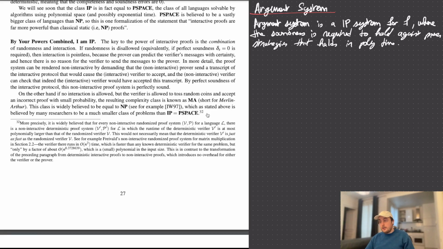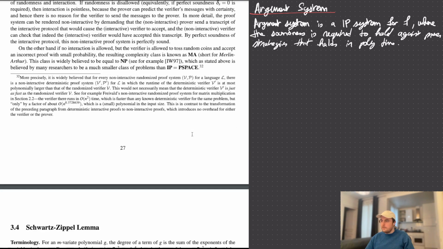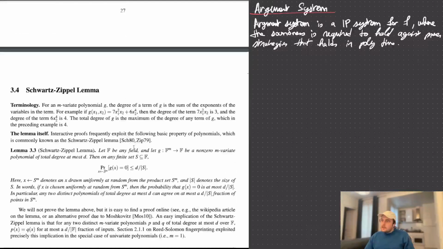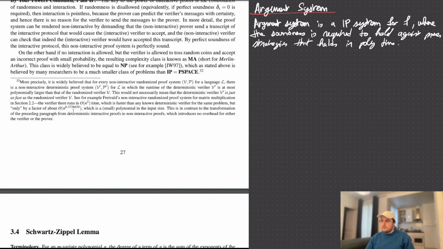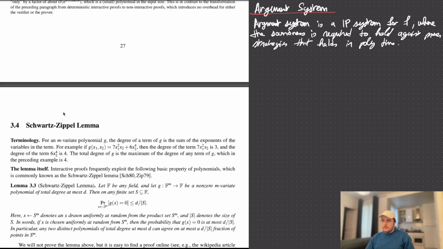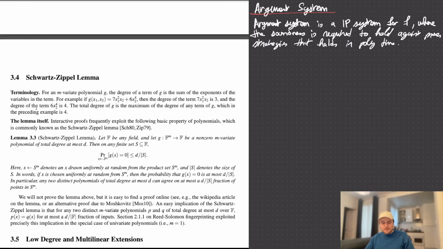It's crazy that people are working on this. It's very cool in a sense, but it's very, very abstract and a lot of theory. The Schwartz-Zippel lemma. So, IP equals PSPACE.